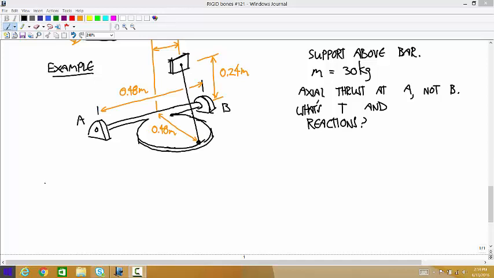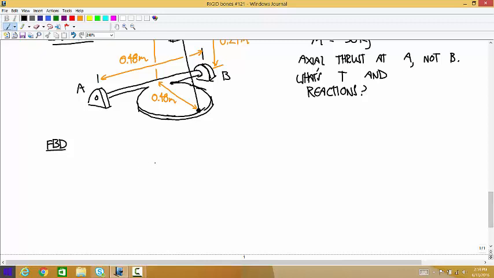So first, free body diagram. There's thrust at A, but not at B. So we know that there is a force vector.